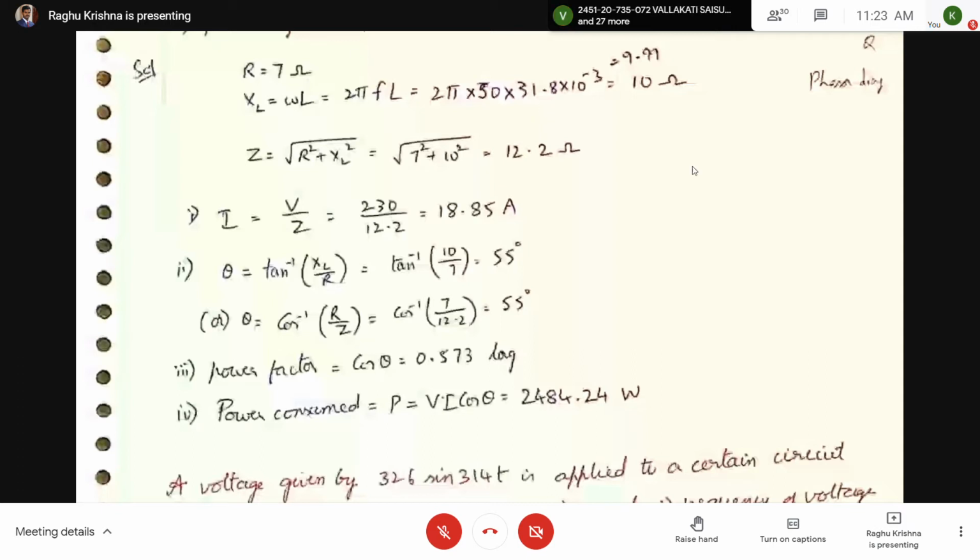Real power is given by VI cos theta. That I will show one more derivation here.